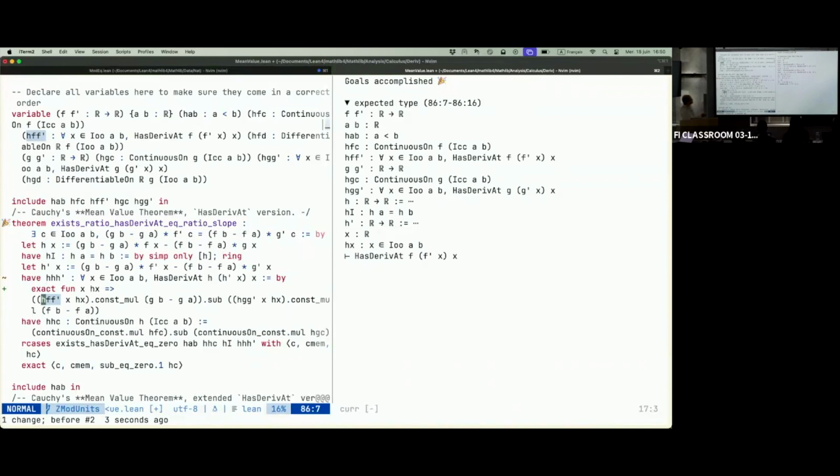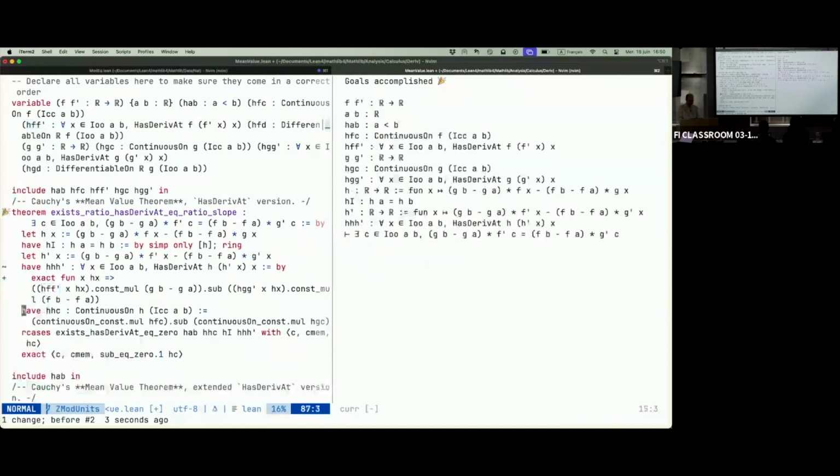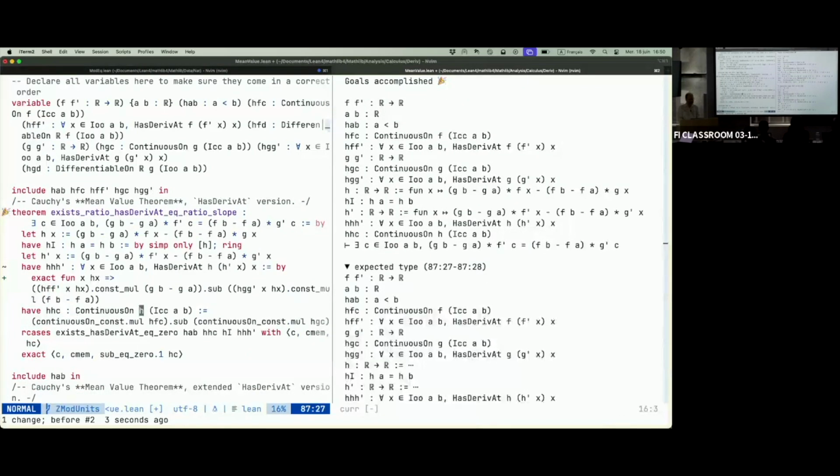Here is this lemma. So there is a lemma that says that if you have HasDerivAt and you apply it to a sum, you get HasDerivAt for both statements. So now you have the derivative. It's the same for the function h is continuous on the closed interval ab, which is what is meant here.